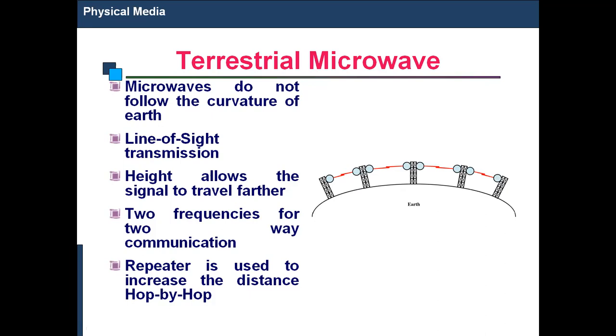We just check whether the transmitter and receiver have line of sight, what the height of the antennas is, and whether they coincide. See this one, this is the transmitter, and this is the receiver. In between, three repeater stations are there. A repeater amplifies the signal and retransmits it.